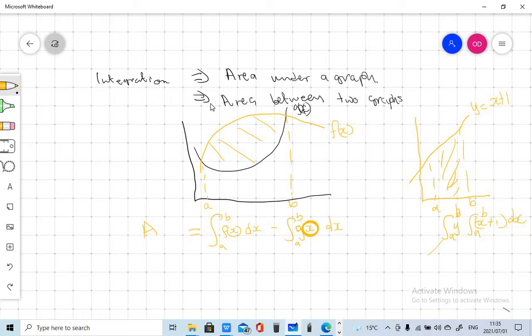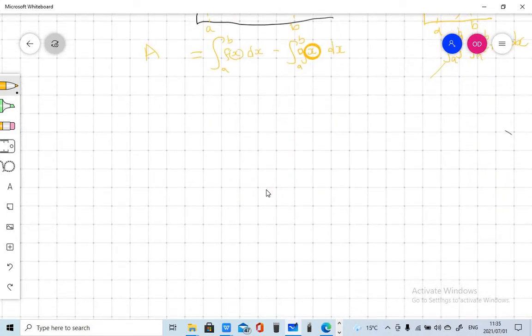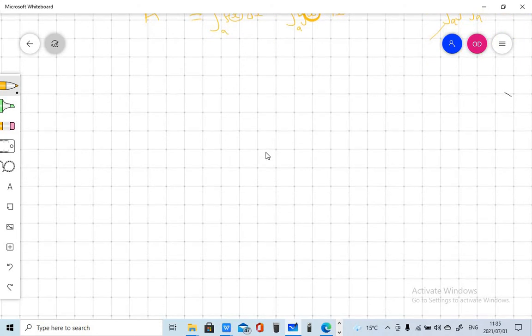Okay, so say for instance we've got to find the area between the graph of y equal to minus x squared plus 8x minus 5, and y equal to x plus 1.